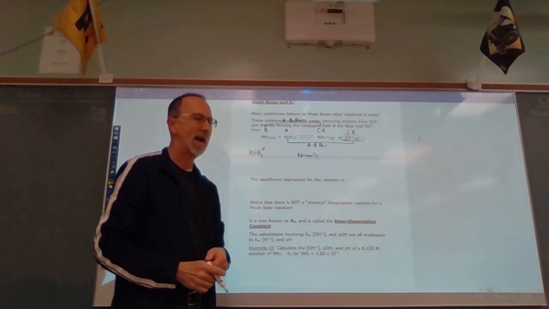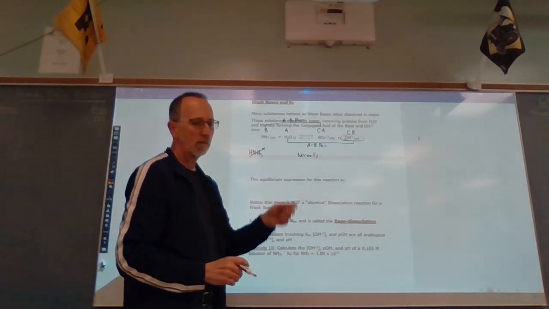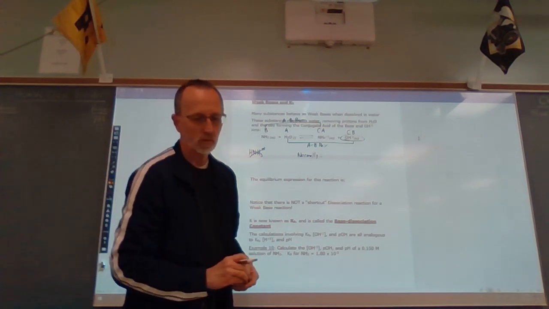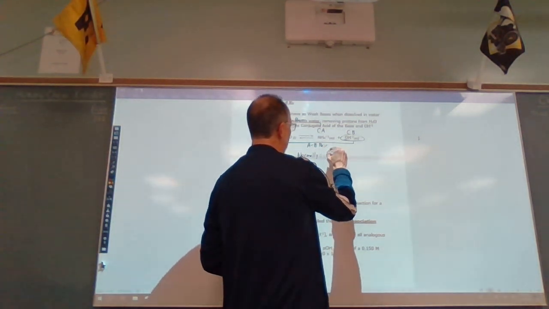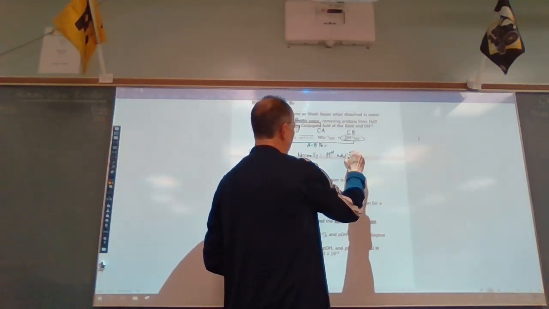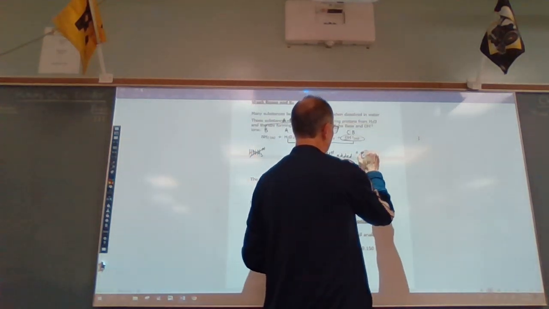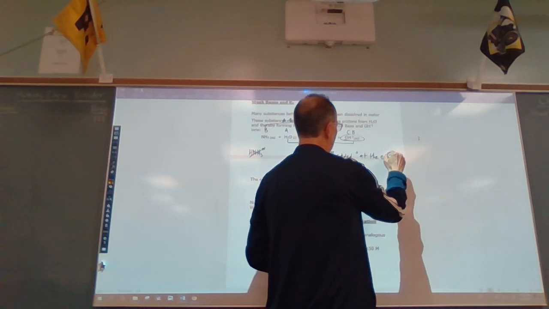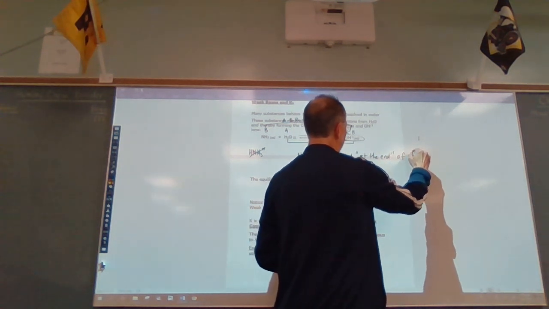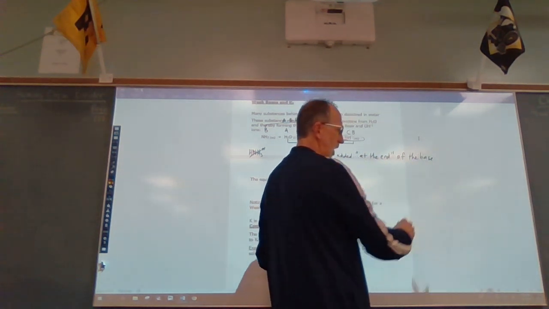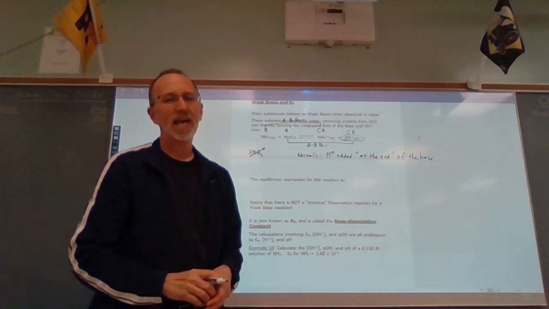We didn't write it like that. So normally, and this is the standard rule, the hydrogen ion is added at the end of the base. Normally added at the end.